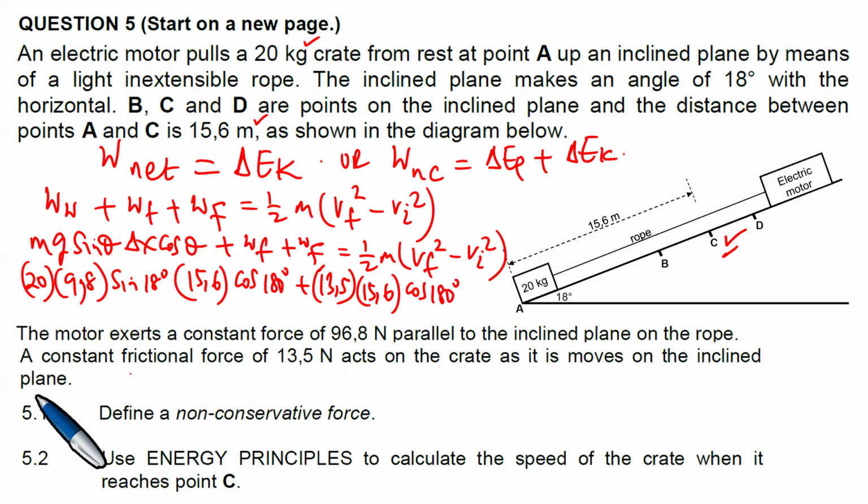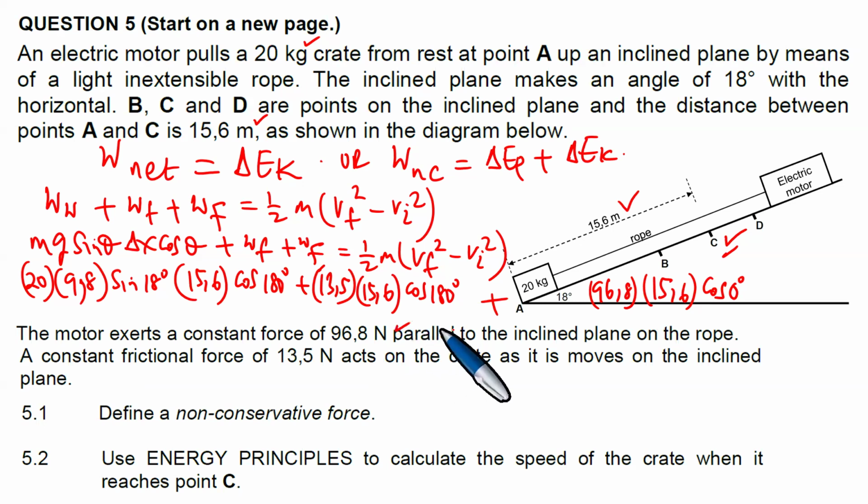And now you then have plus 96,8 times 15,6 times the cosine of 0 degrees, which is the work done by the applied force. Because for this applied force, the displacement is 15,6, and you are most certainly convinced that the motor exerts a constant force.